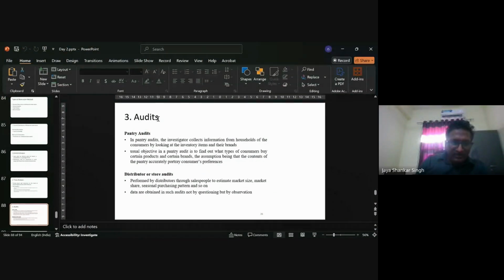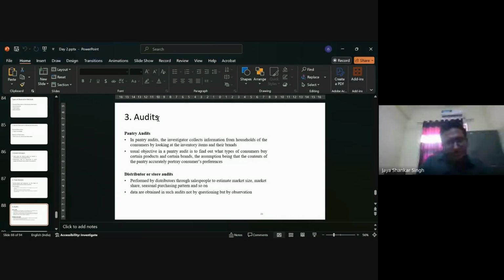Okay, so here also we have a few examples on the slide. Similarly, in a pantry audit, the investigator collects information from the household of the consumer by looking at the inventory items and their brands. As an investigator, you are looking at the brands in their inventory, how much is left in the house.